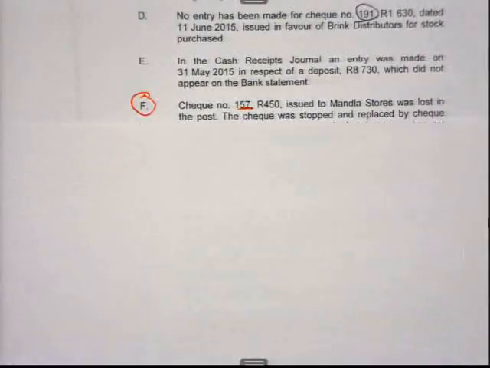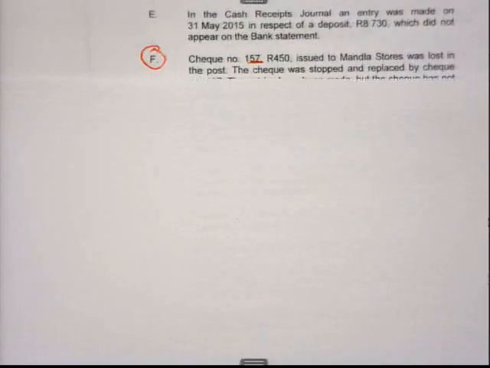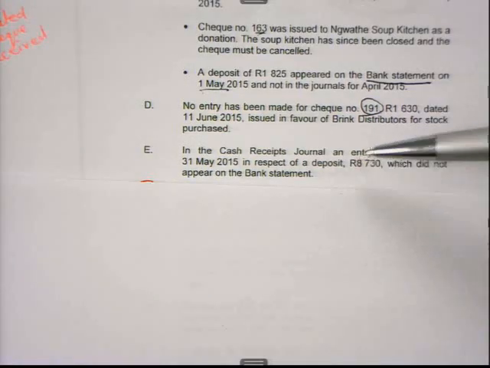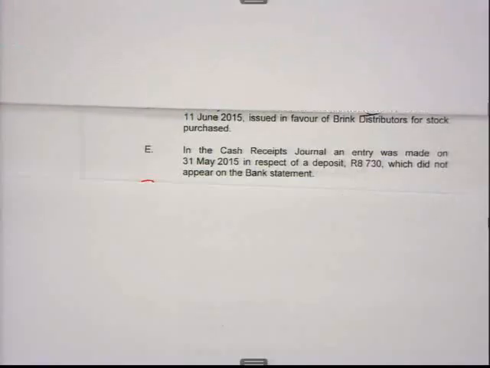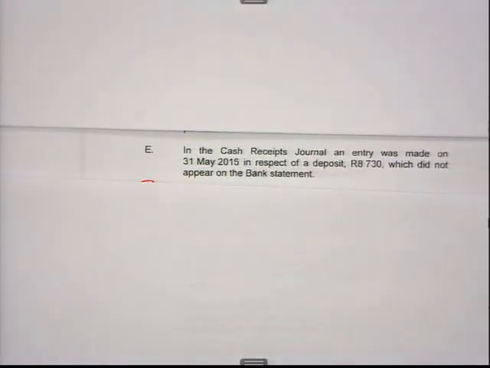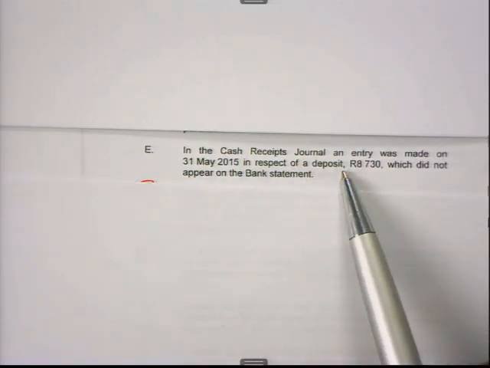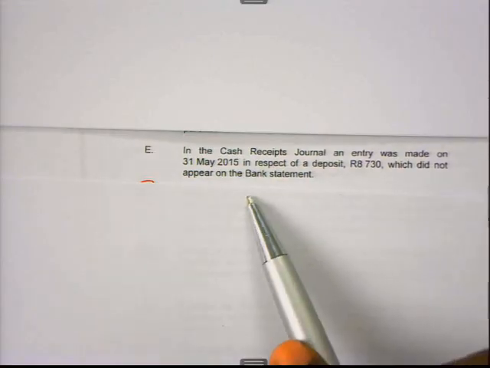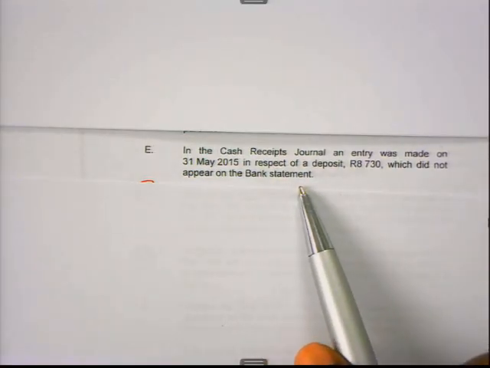Now when we look at the next information, they say E, right? The next information is E. They say, in the cash receipts journal, an entry was made on the 31st of May 2015 in respect of a deposit 8,730, which did not appear on the bank statement.